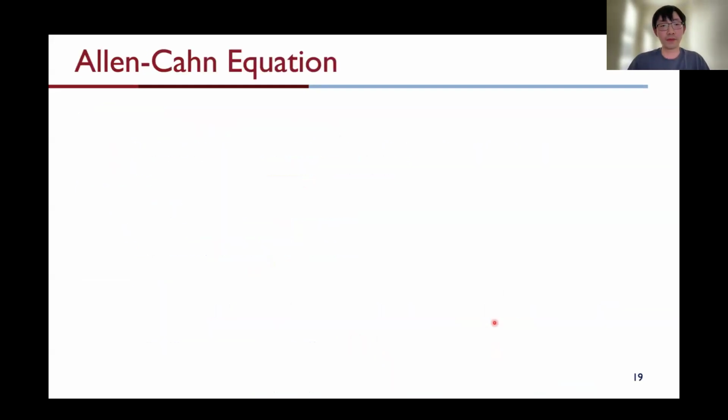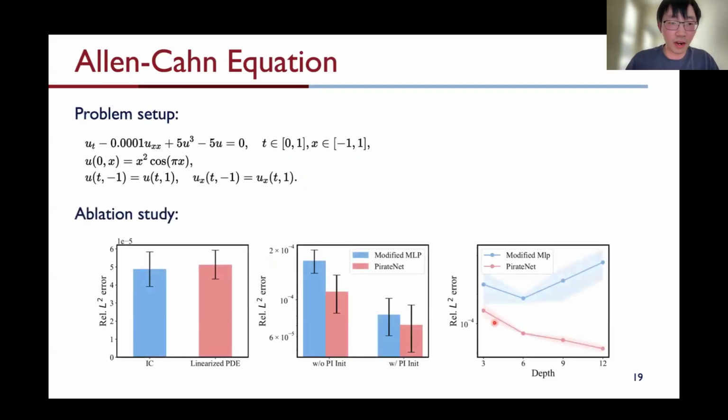Okay, so the first benchmark is again the Allen-Cahn equation. First of all, I want to show some ablation studies. Starting from the left, I show the resulting relative L2 errors using different data sources to initialize the last layer.